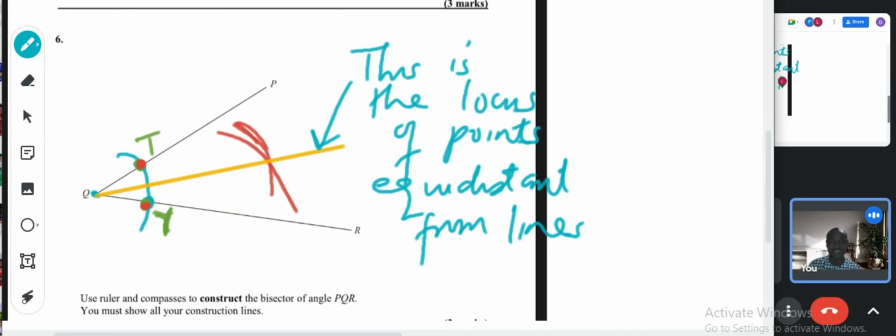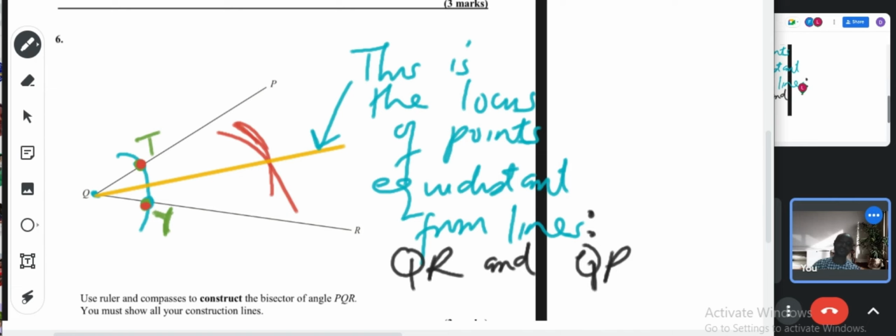There are two lines that it is equidistant to, because they may give you a particular line and ask you what that locus represents. Equidistant from lines QR and QP. Is that clear?